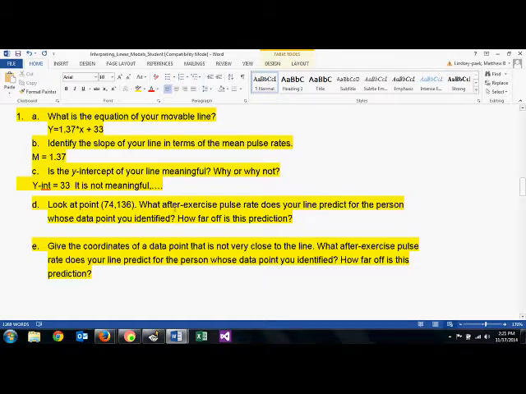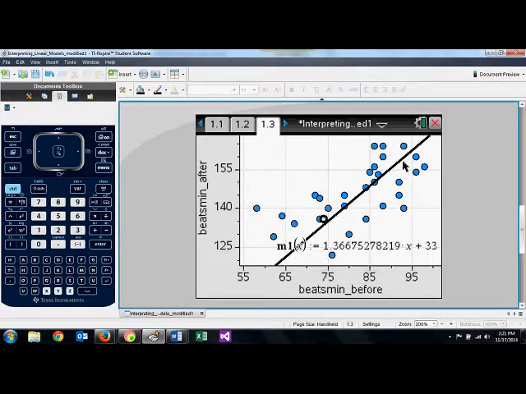The way I can figure that out is that if this trend were to go down, down, down, it would eventually hit here at y equals 33. Why is that not a meaningful number? Why is a pulse of just 33 not meaningful here? So that's what you're going to put there in part C.